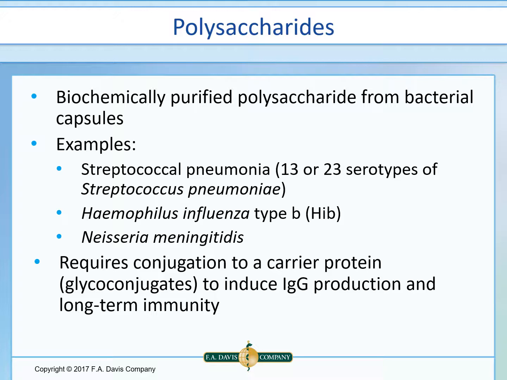So this problem is circumvented through vaccines composed of glycoconjugates, in which the polysaccharide antigens are linked to a carrier protein, such as tetanus toxoid or diphtheria toxoid. These conjugates are then able to induce a more effective immune response by activating T helper cells, resulting in immunoglobulin class switching with production of polysaccharide-specific IgG antibodies and generation of memory cells.